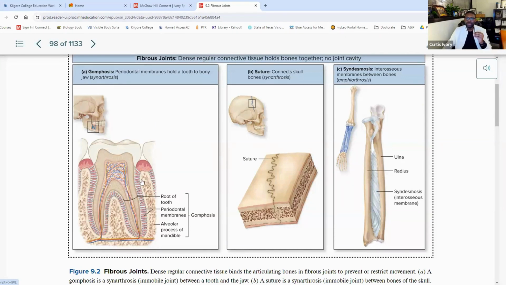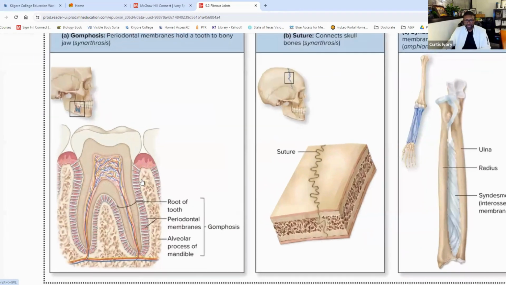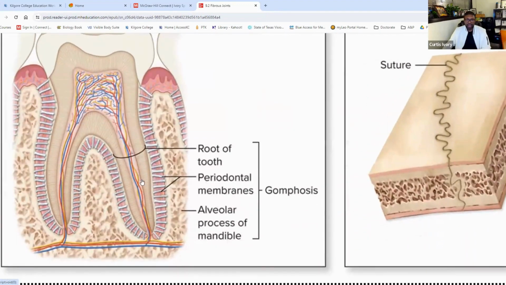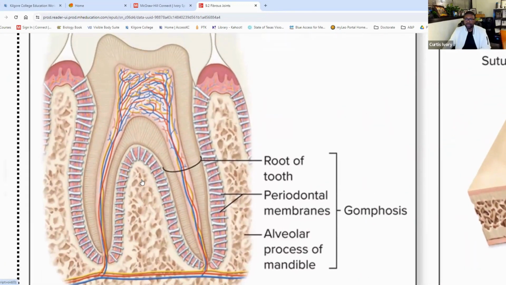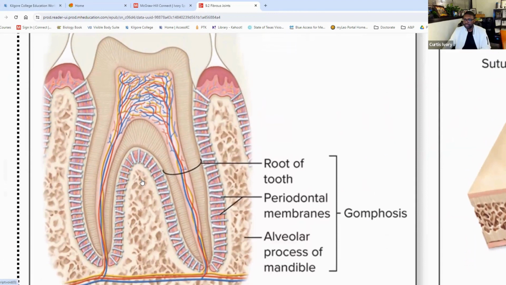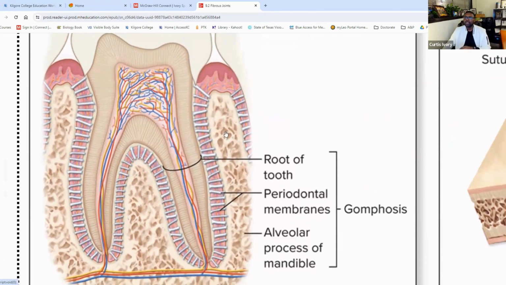All these little ligaments around the teeth are called periodontal ligaments. If you have had braces in the past or used Invisalign, the braces or Invisalign are actually targeting those periodontal ligaments. That's what's actually causing your teeth to shift and change formation.